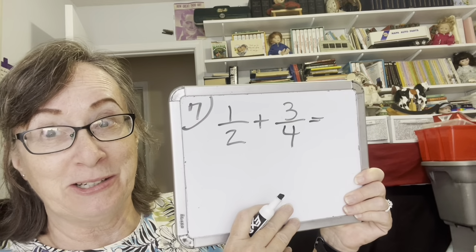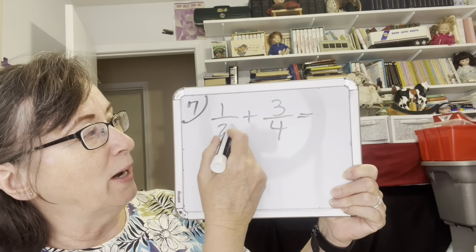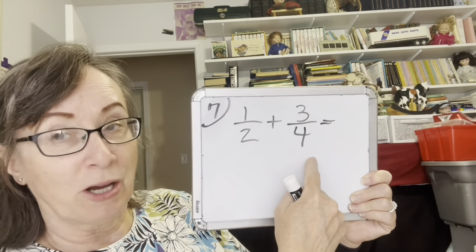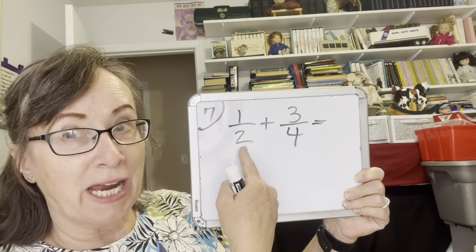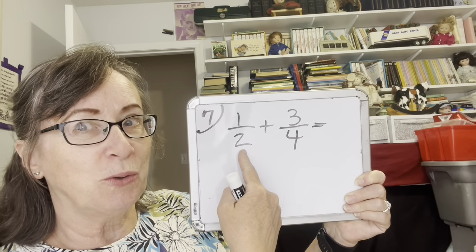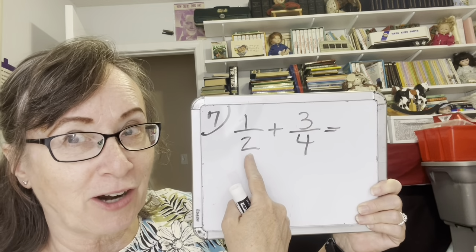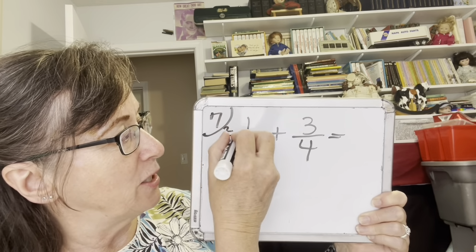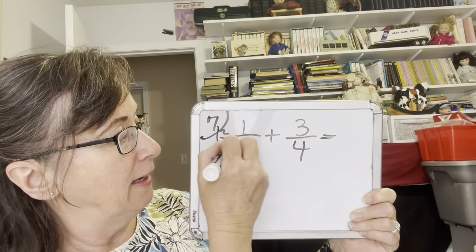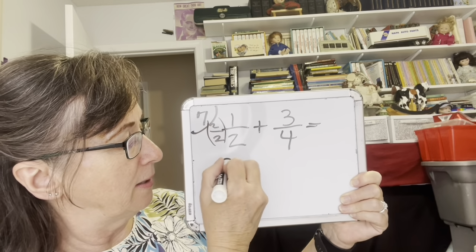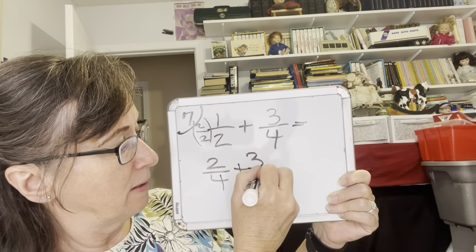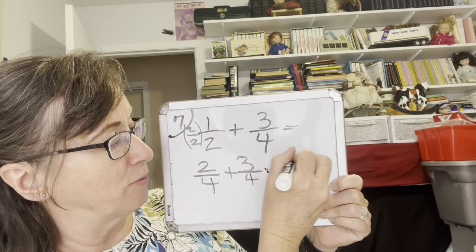I hope you're watching your video. Okay, so 1/2 plus 3/4. We need a common denominator, but 2 goes into 4. So let's change the 1/2 to an equivalent fraction that has a 4 on the bottom. So I'm going to multiply by 2 over 2, which is 1, and I get 2/4 plus 3/4 is 5/4.